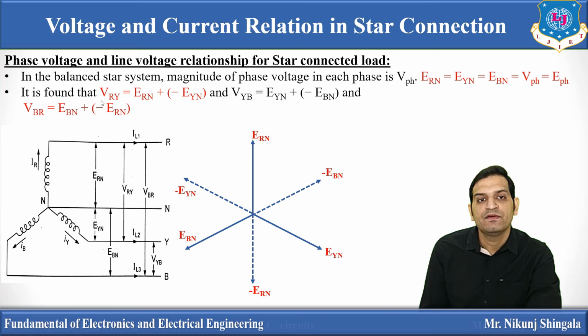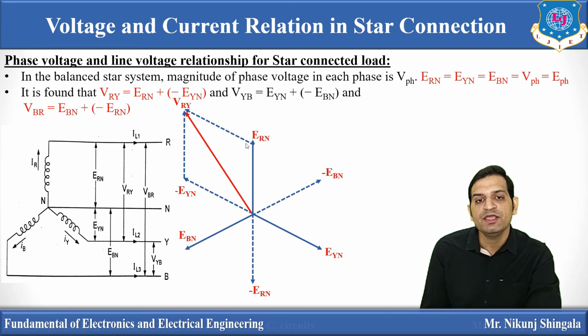Now here VRY is the phasor sum of ERN plus minus EYN, so that can be found using the parallelogram method. So this is a phasor sum. Making one parallelogram, the diagonal of the parallelogram will give the resultant line voltage, that is VRY. Now the value of VRY can be found using the parallelogram method.